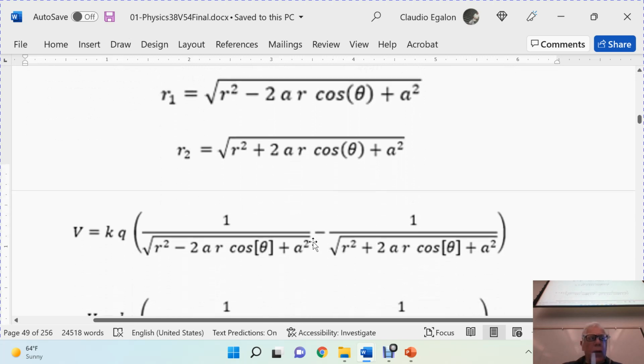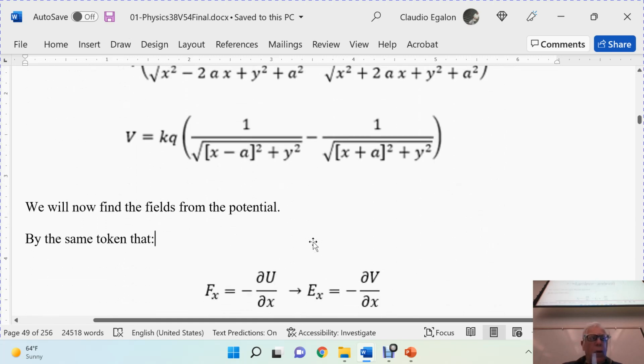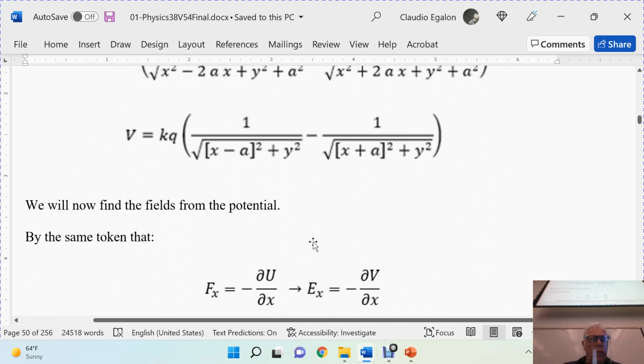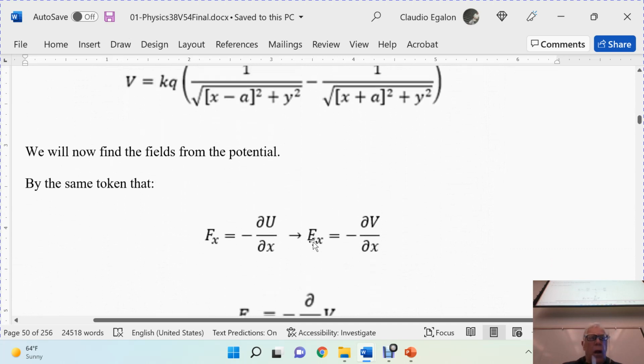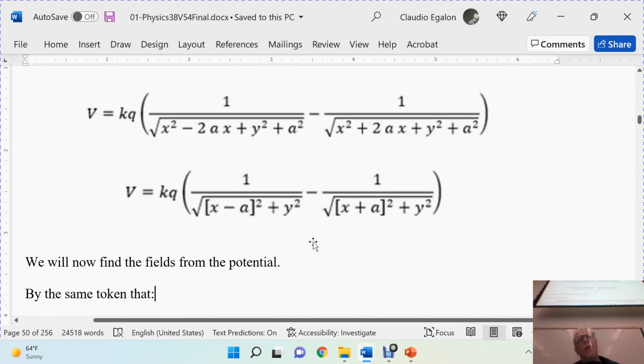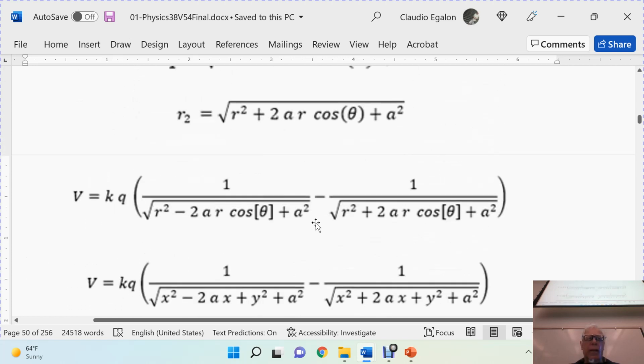If we do that alone, we will not find the field from the potential. We cannot take the electric potential like that. We've got to come up with something more generic.